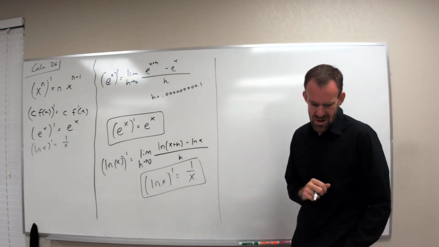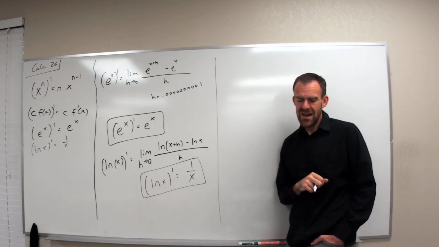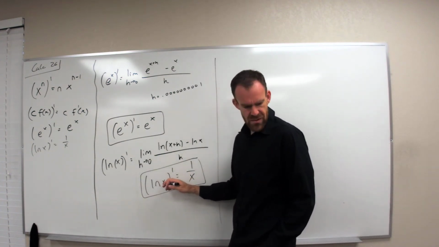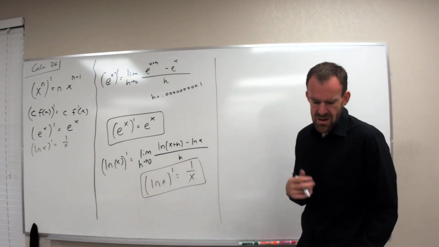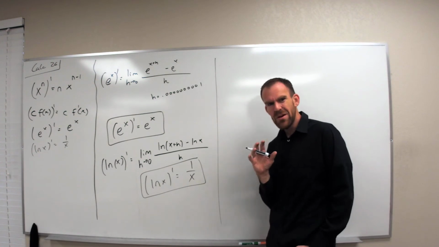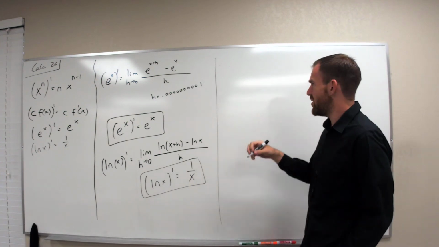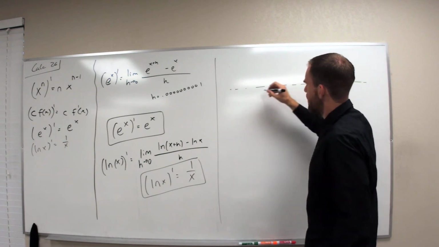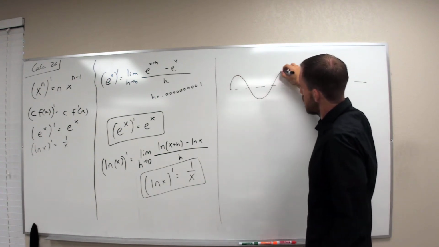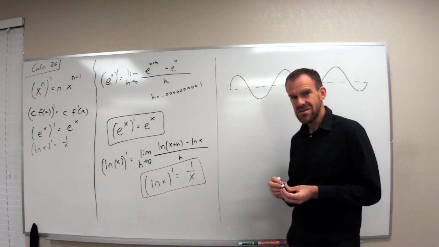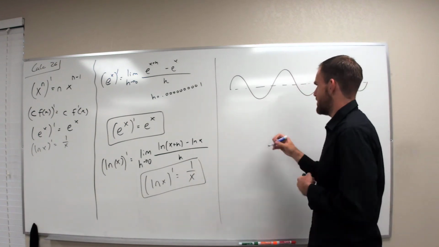Now, let's go to our good old friends, sine and cosine. Okay, so what is the derivative of sine and cosine? Well, if we look at the graph, we can kind of discern it. So let's graph a sine curve. And then I'll graph a cosine curve for you guys.